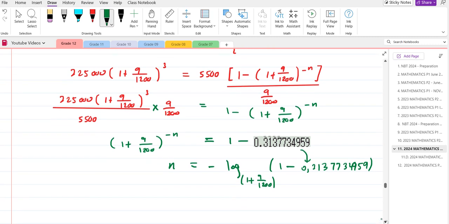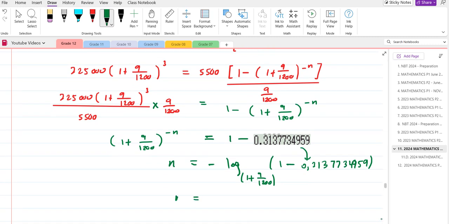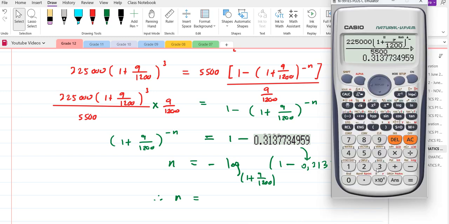So n is now equal to, let's see, so I need to say log, the base is 1 plus 9 over 1200, close bracket, and remember we had 1 minus the answer was stored in 0.31377 was stored in answer, right?